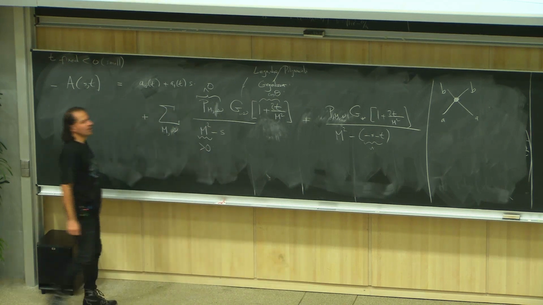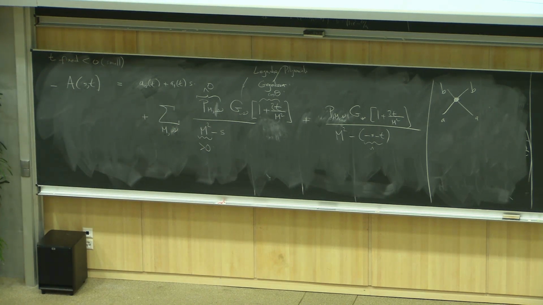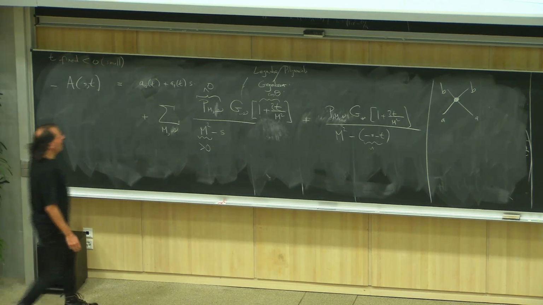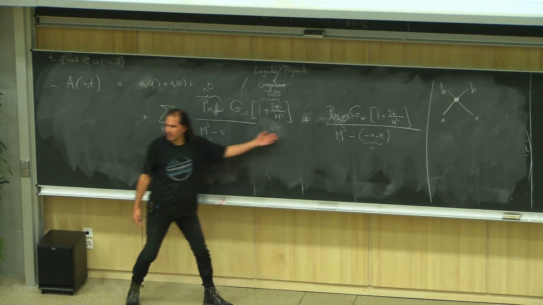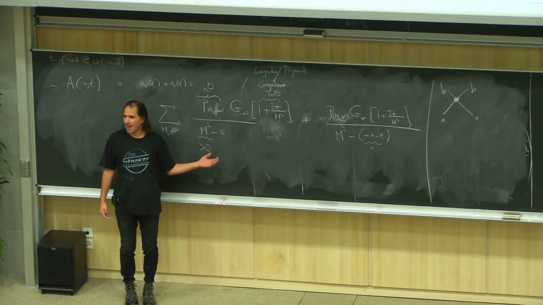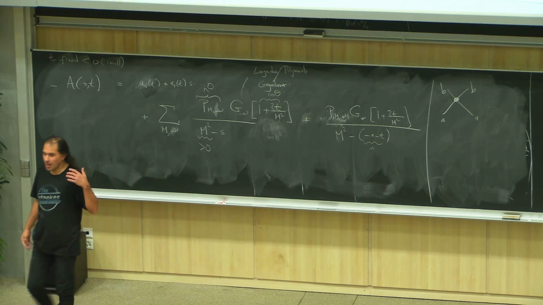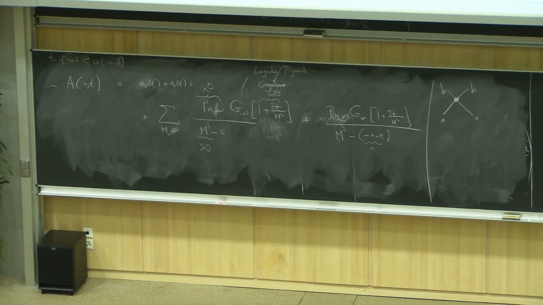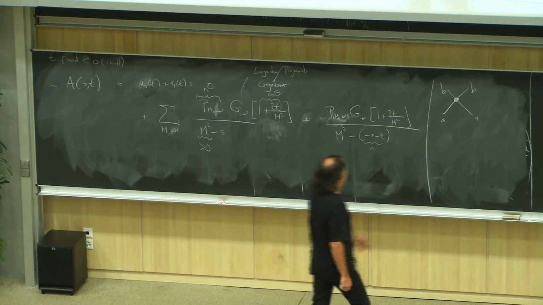So as promised, we have the positivity of probability and the positivity of energy, 2 things that are positive, and they're going to tell us a lot about the low energy expansion of this amplitude. Now we're going to take this amplitude and expand in a power series in s and t and extract the low energy coefficients. So we want to say something about that infinite tower of operators.